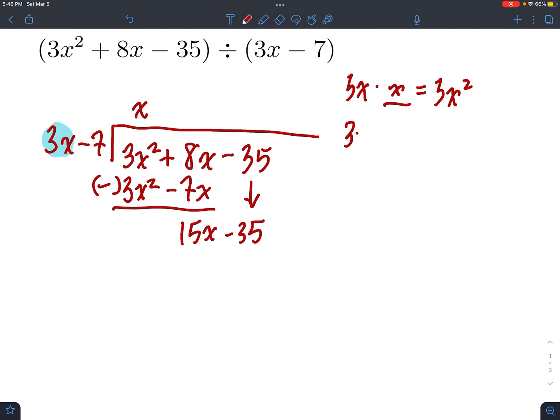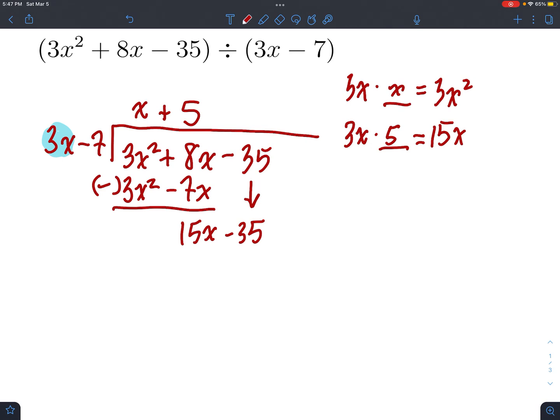We ask another question. How many times does 3x go into 15x? Or in other words, what's the answer to this question? Again, these numbers here kind of get dealt with, but it's the leading term that we care about the most when we ask the question. And the answer to this mystery multiplication is 5, positive 5.